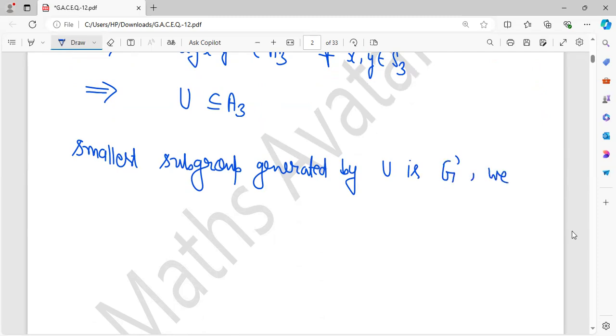Because U is contained in A3, we get G dash is contained in A3. Let's call this 1.